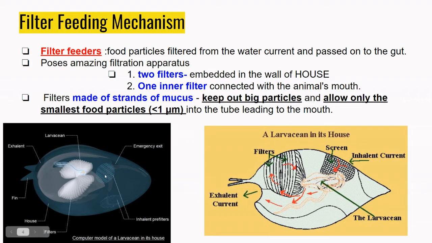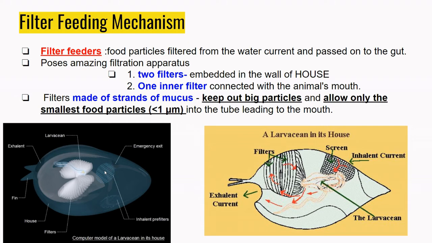Here we could see the filters. So this is a filter, here also there is a filter. So two filters could be seen within the walls of the house. Other than that, the organism also has a filter attached to its mouth. So altogether three filters could be seen which help them to have perfect filter feeding.